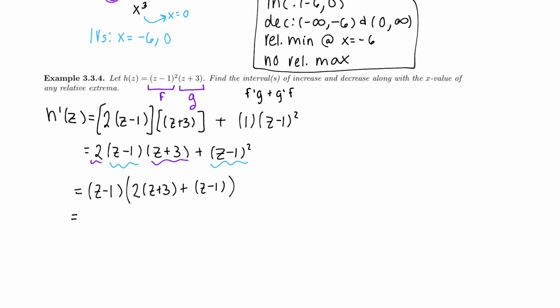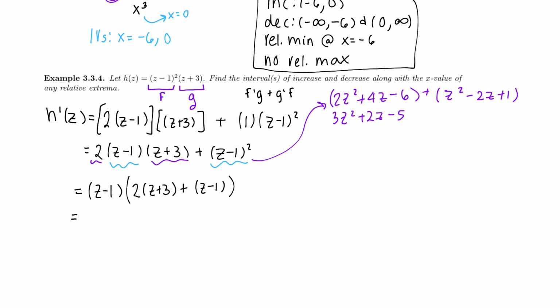And you don't have to do it this way. You could absolutely FOIL this whole thing out. That would also work if you really wanted to do that. You'd have 2z squared plus 4z minus 6 plus z squared minus 2z plus 1. So you could combine those all together and you'd get 3z squared plus 2z minus 5, and you could factor it from there.